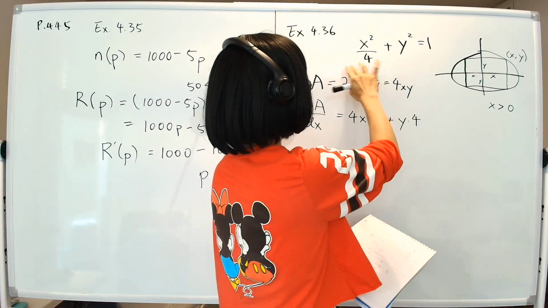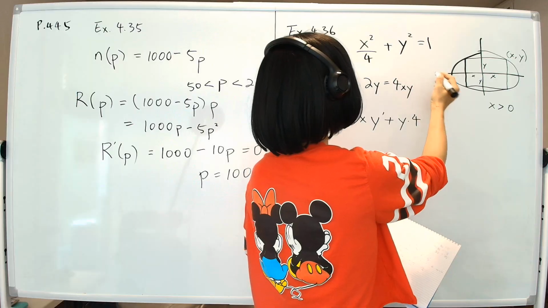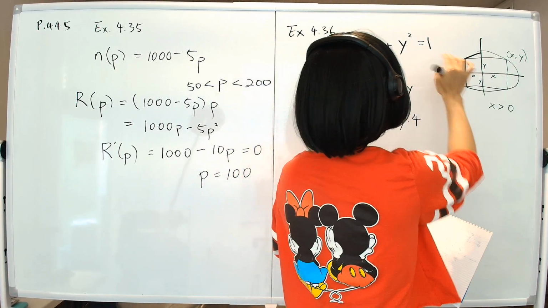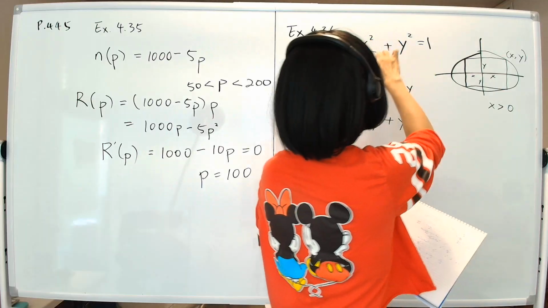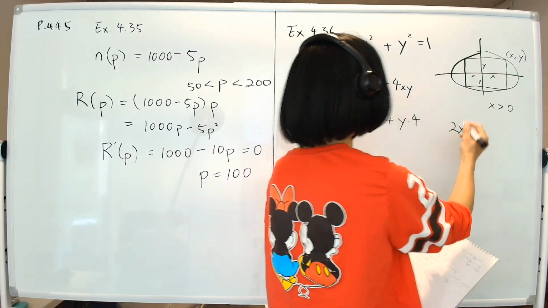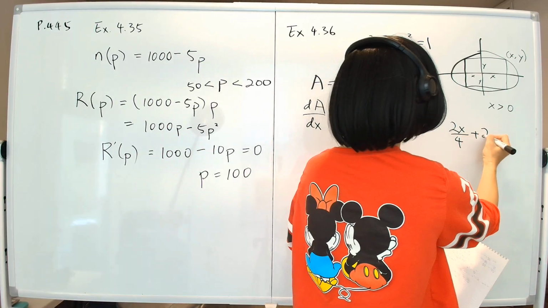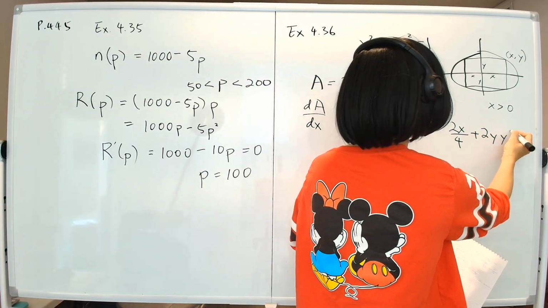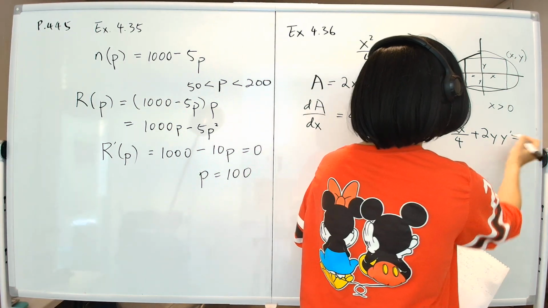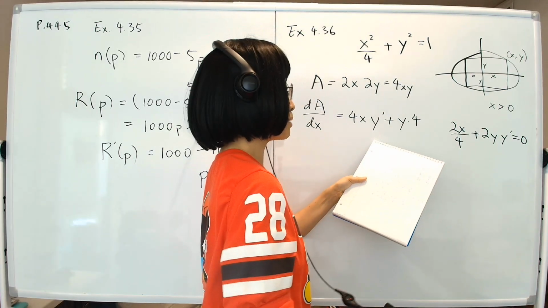So take the derivative of the whole thing with respect to x. If you do that, we have 2x over 4 from here, plus 2y times y prime, where y prime is dy/dx, equal to 0. We're trying to figure out what y prime is.